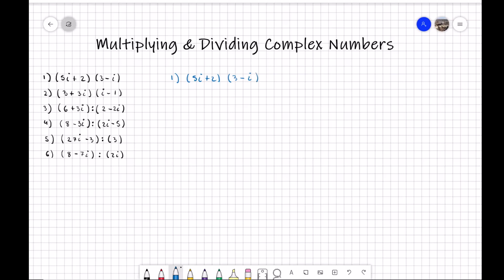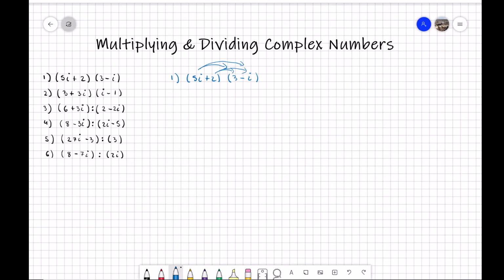Alright, so again, as I said in the last video, this is basically as if it was an equation, right? So what we have to do is multiply the first expression with the two other expressions, and then the second expression with the other expressions, right? So it acts just as if it was an equation.